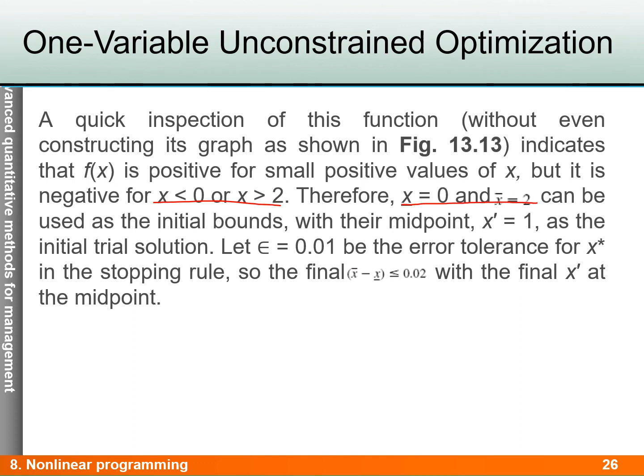As you remember, in the previous slide we calculated x prime, and let epsilon equal 0.01. Just to review the stopping rule: x bar minus x bar down is less than or equal to 2 epsilon.